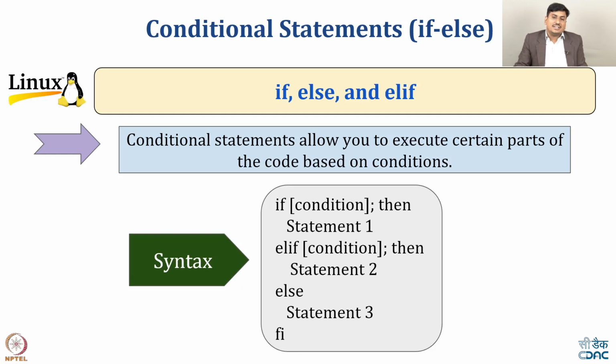This is the generic syntax for the if else statement, where we put the if keyword, then put some condition followed by the semicolon, then this keyword, then the statement on the basis of this condition, then the elif keyword, then another condition followed by this keyword, then another statement, and finally the else keyword, some statement or portion of the code, and end it with this keyword.